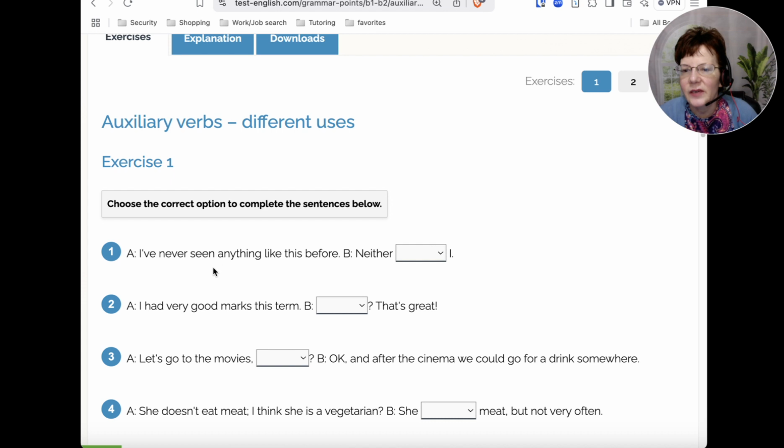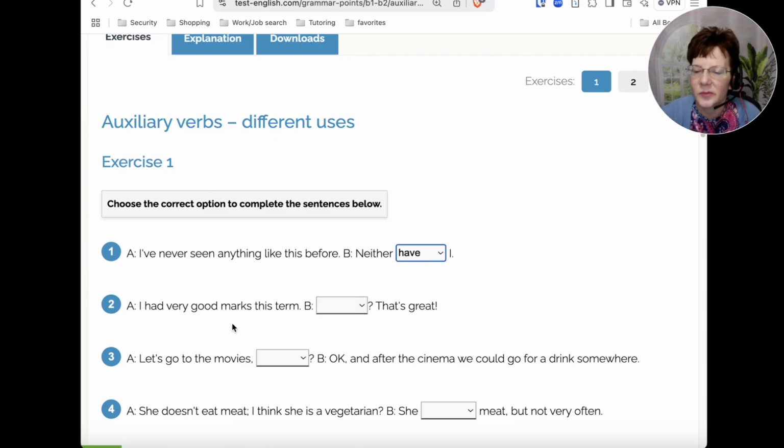I've never seen anything like this before. And then person B, neither. Okay, are, do, or have. If you chose have, that would be correct. So that corresponds to present perfect here.